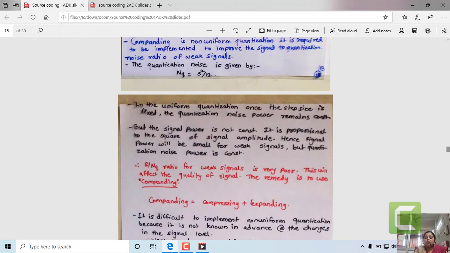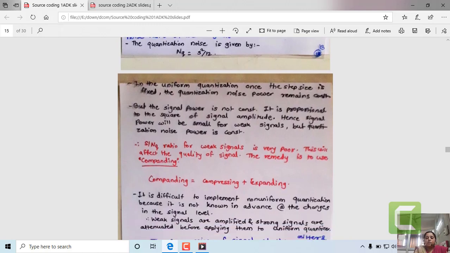But in non-uniform quantization, the implementation of this process is very difficult, because on the transmitter side, if either compression or expansion is carried out, the opposite operation has to be implemented on the receiver side to regain the original signal. And that's why non-uniform quantization is said to be difficult to implement.